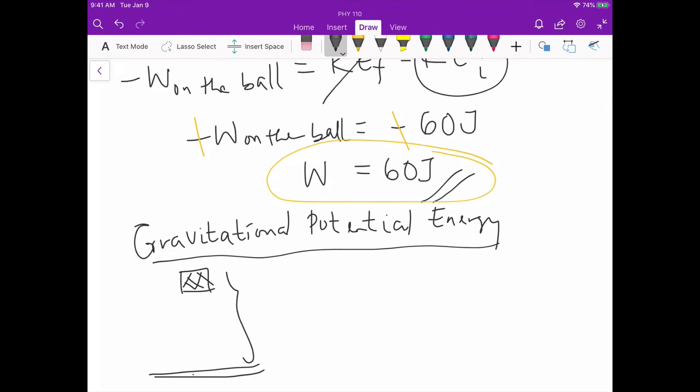Okay, so by having that height from the floor, this mass can do work. That means it has energy in it, and that energy is known as potential energy. So we're going to talk about the potential energy due to gravity. A spring has the same thing. If you compress a spring, what does it do?